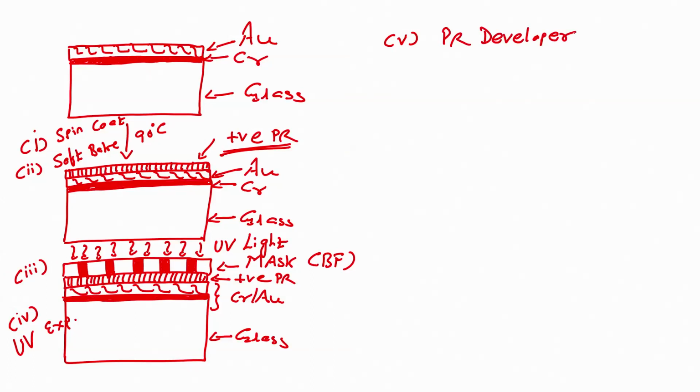developer. So, when you dip the wafer in photoresist developer, what will you get? When you dip the wafer in photoresist developer, you will get the pattern which I am drawing right now.